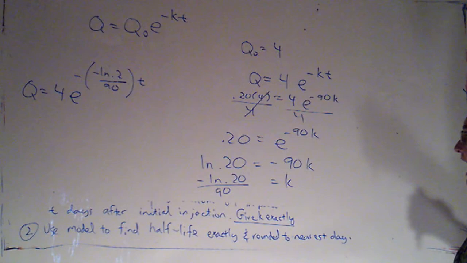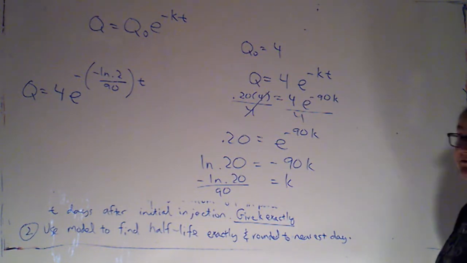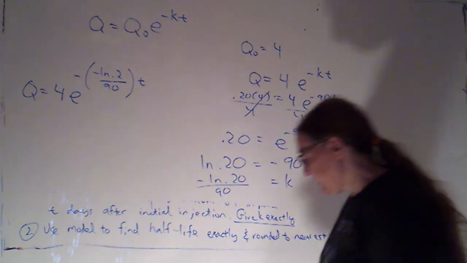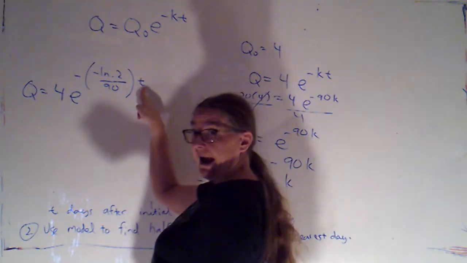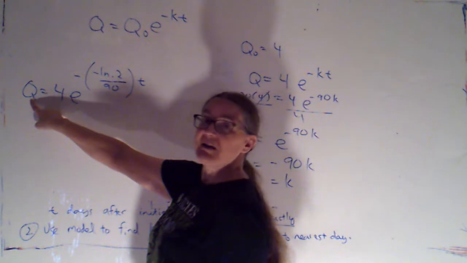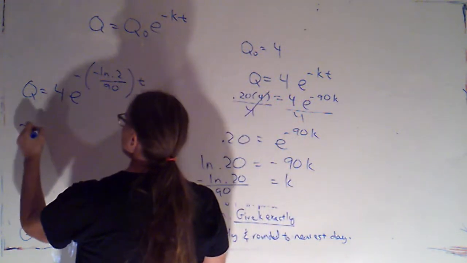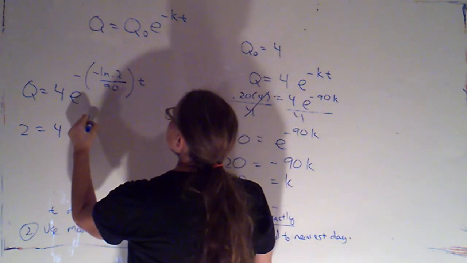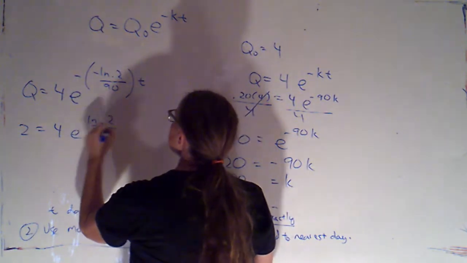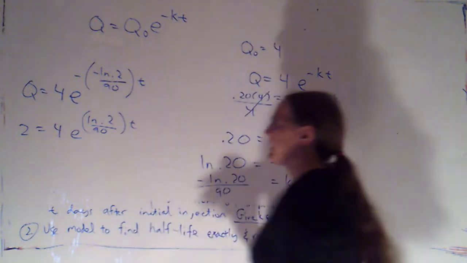That's our model. I want to now find the half-life. Well, as I said, if I started with 4, the half-life is going to be the time at which that's decayed down to 2. So 2 would equal 4 e to the, now I'm going to go ahead and simplify, natural log of 0.2 over 90 times t.